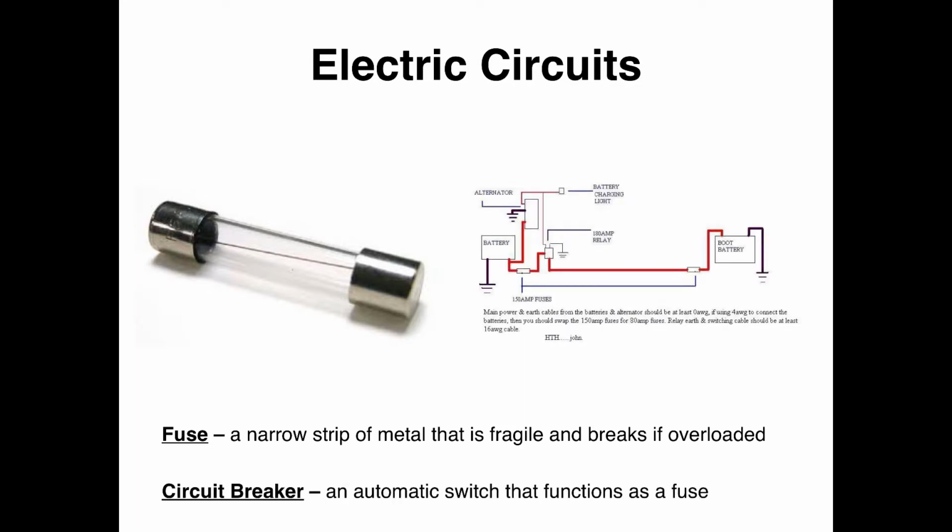So what we call a circuit breaker is just a more complicated automatic switch that functions as a fuse. And if you look at this whole diagram, it's kind of hard to point out the circuit breaker in here, but in these relays, there is a 180 amp relay.